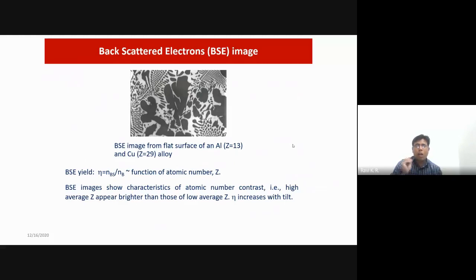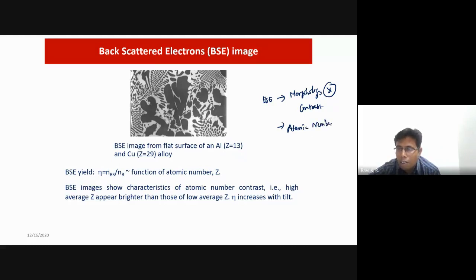So what is the contrast mechanism here? If you look at this sample, the backscatter electron will not give you morphology-based contrast. It will be giving atomic number contrast. Now let us take two different systems.